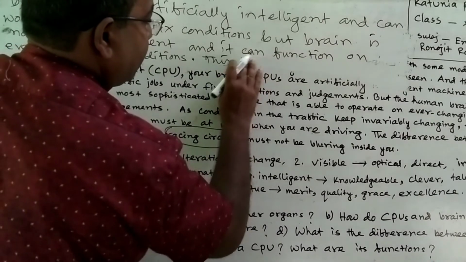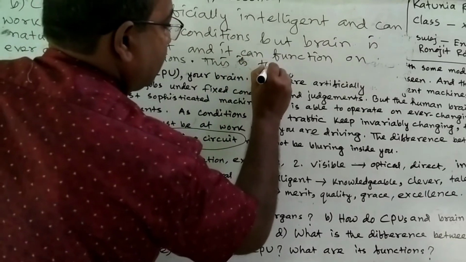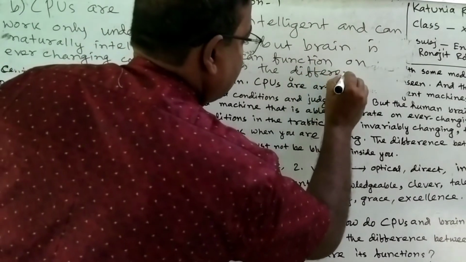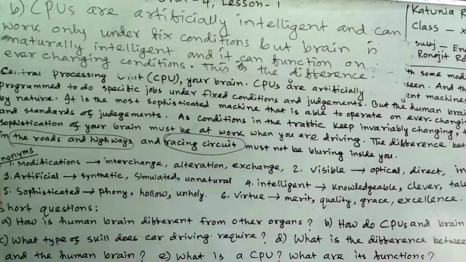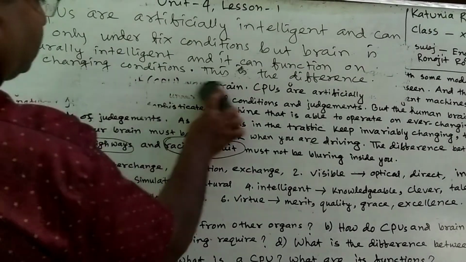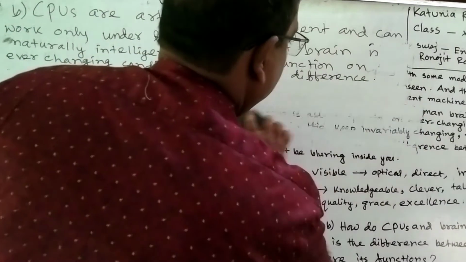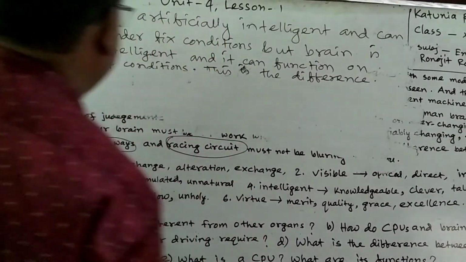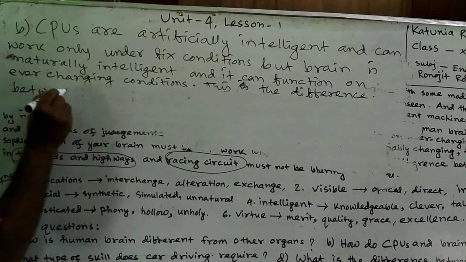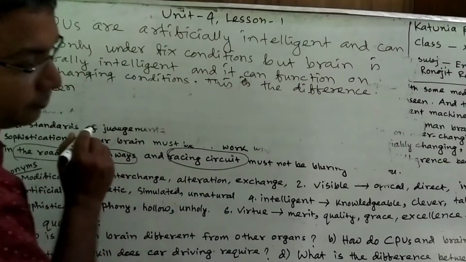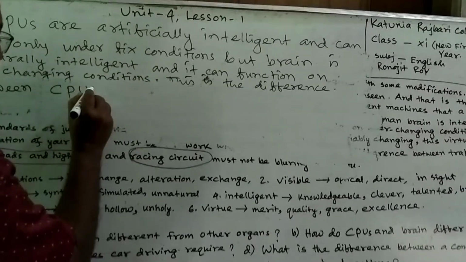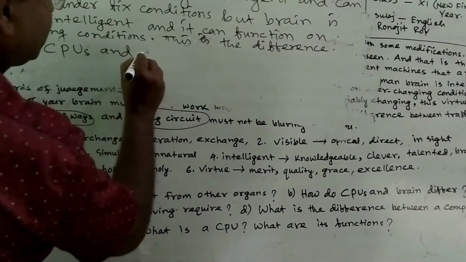This is the difference. This is the big difference between CPUs and the brain.